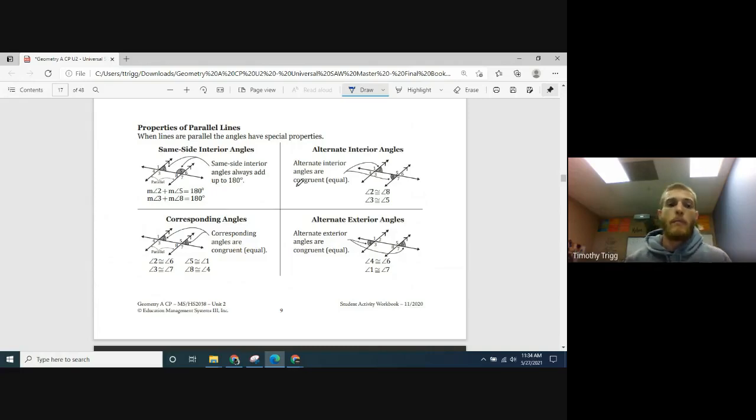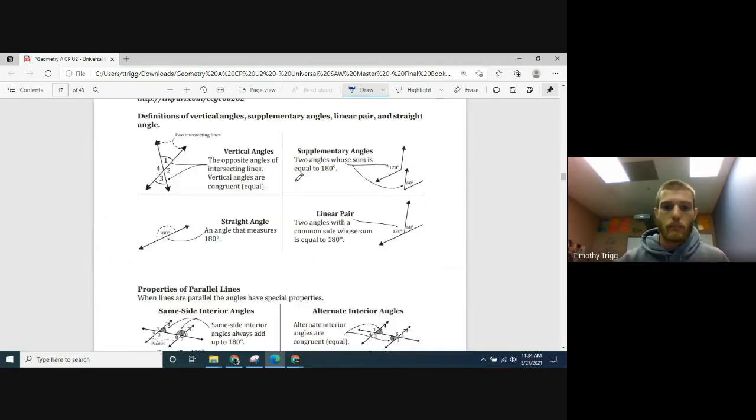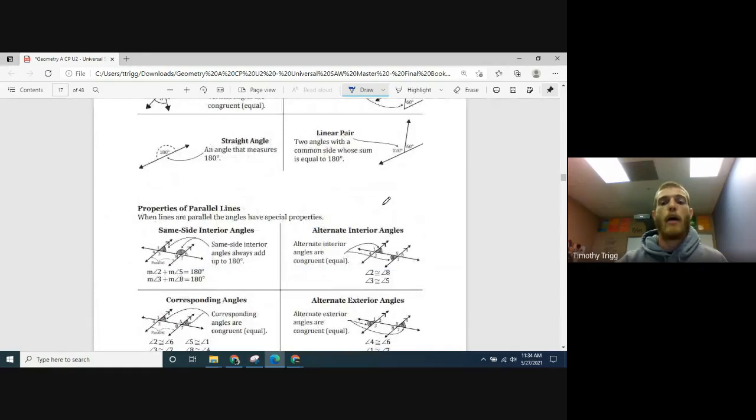And the way we measure angles has to do with how open they are. So when I draw an angle like this, and then perhaps another angle like this, and then another angle like this, hopefully you'll be able to identify that this first angle I drew has the lowest measure, right? It's not very open.